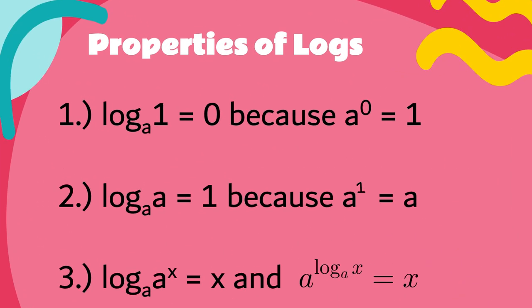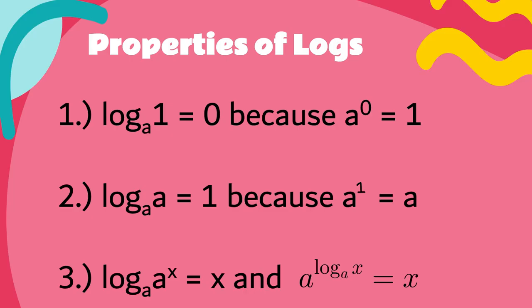Log base a of 1 equals 0 because a to the power of 0 equals 1. Whenever I have a base here, it could be 4, it could be 8. If I have log base 8 of 1 equals 0, it's because any number to the power of 0 equals 1, something we should know automatically.